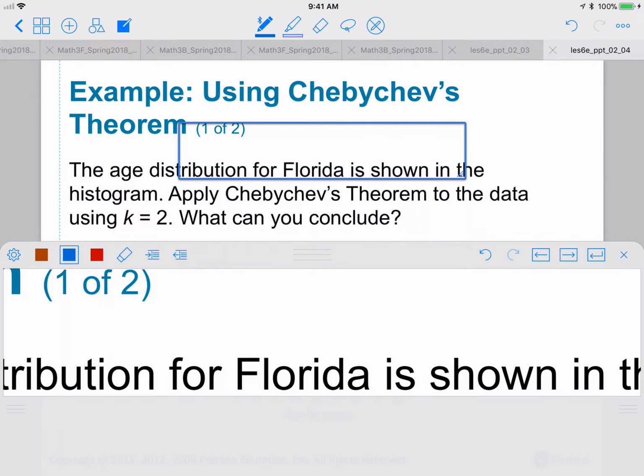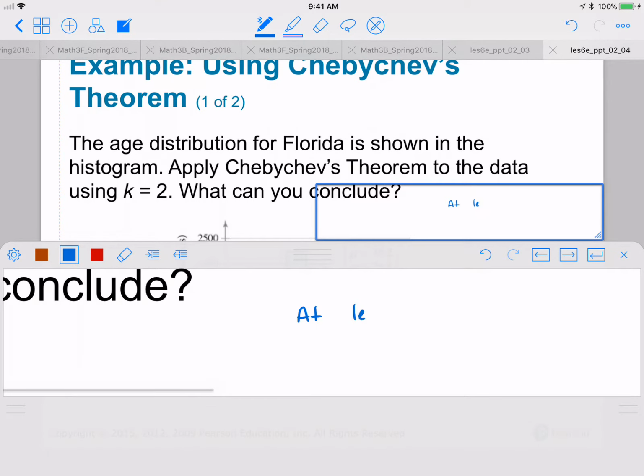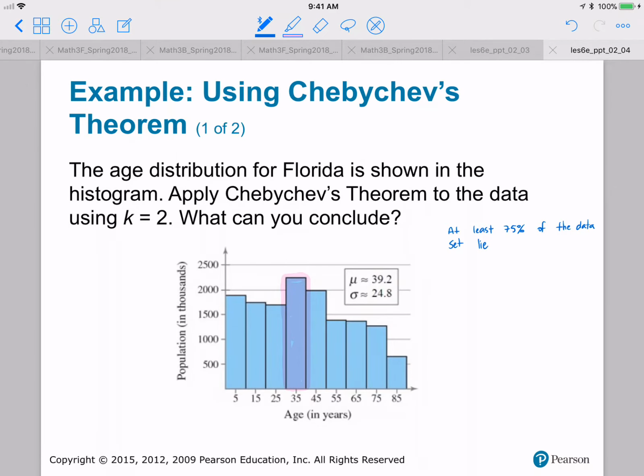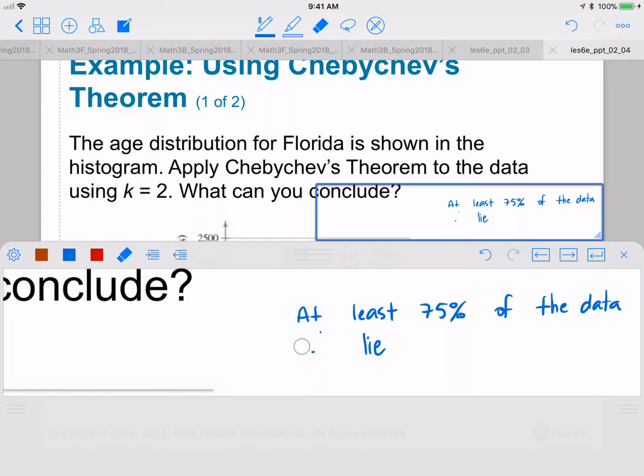So we would like to say here that at least 75% of the data lie within 2 standard deviations of the mean.